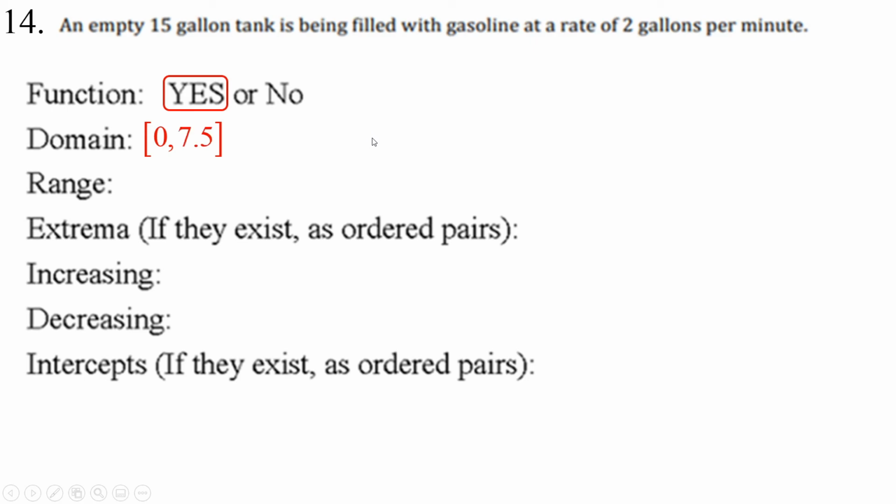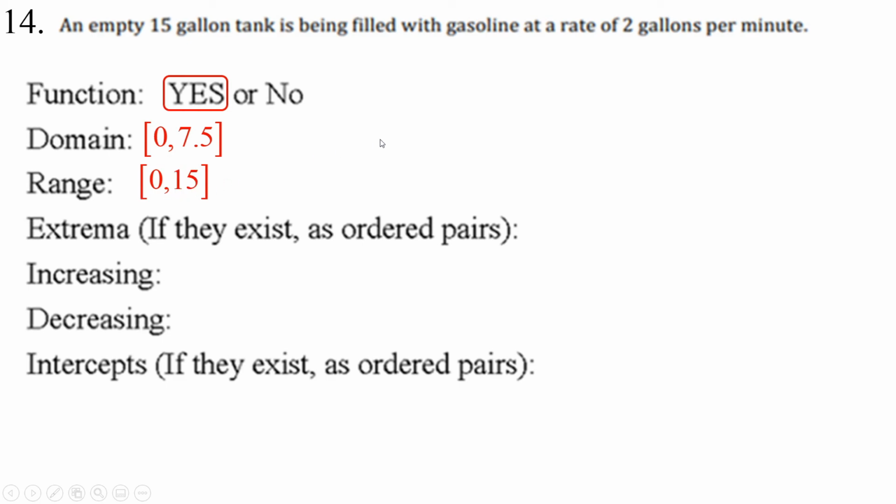We've got to get a quicker gas pump than that, but I didn't write the problem. So my domain is the closed interval from 0 to 7.5. What's my range? Well, my gas tank was empty, 0, and it fills at 15 gallons. So the closed interval from 0 to 15.